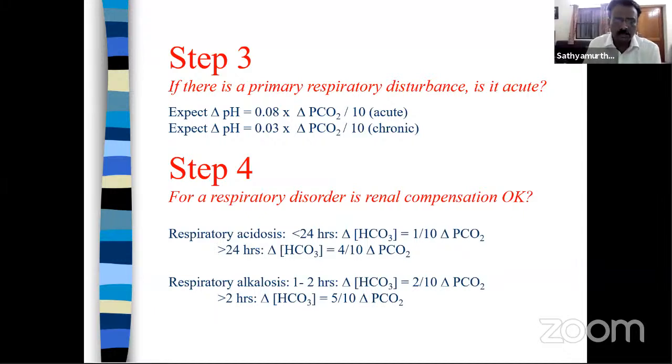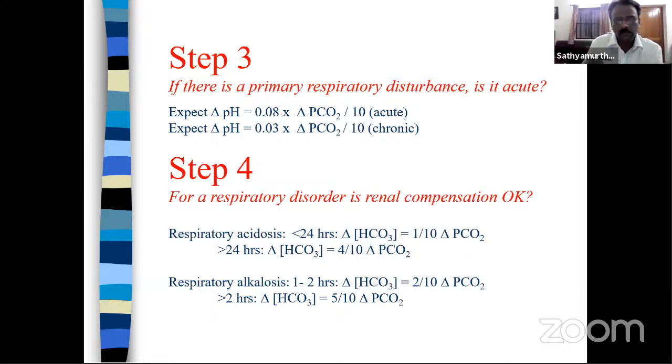Now going on to respiratory alkalosis, like I told, in acute, it is 1 to 2 hours. More than 2 hours is chronic. For acute respiratory alkalosis, the change will be 2 for every 10 delta PCO2. That means for every 10 fall of PCO2, your bicarbonate will drop by 2. Similarly, in chronic, for every 10 millimeters of drop in PCO2, your bicarbonate will drop by 5.